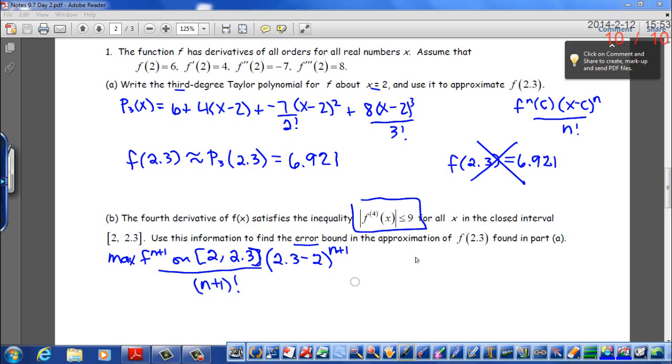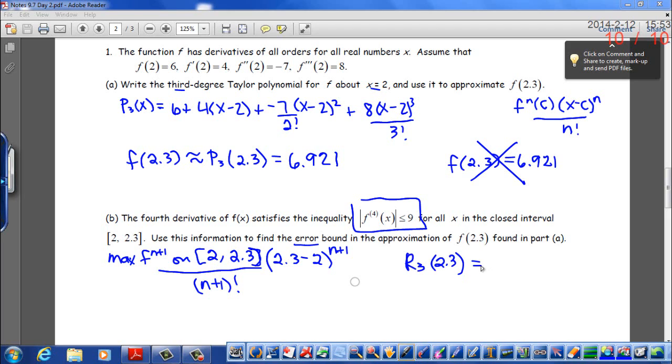So our remainder, or our error, and here's a good notation for your error or your remainder: it's the remainder using the third degree to approximate when x is 2.3.